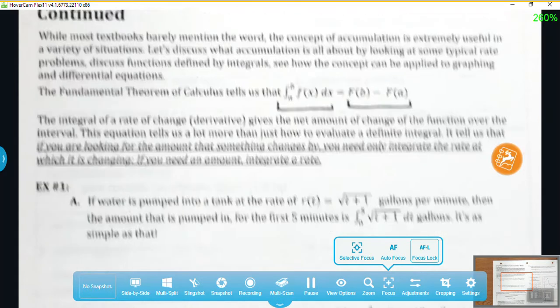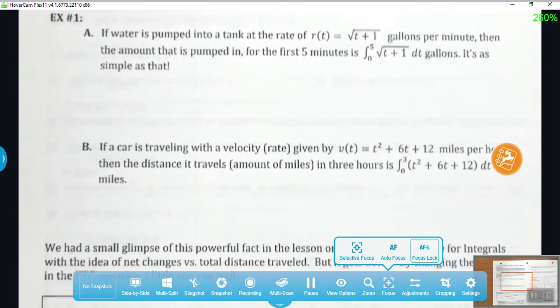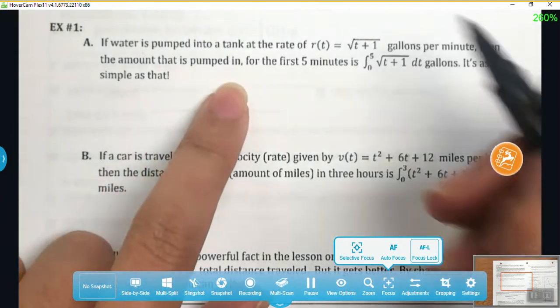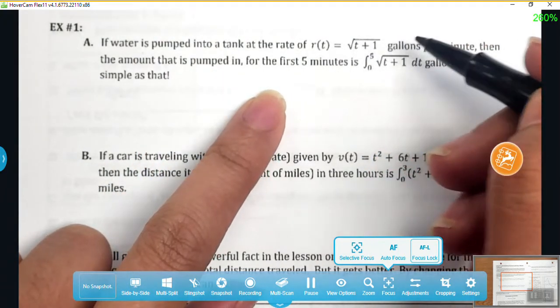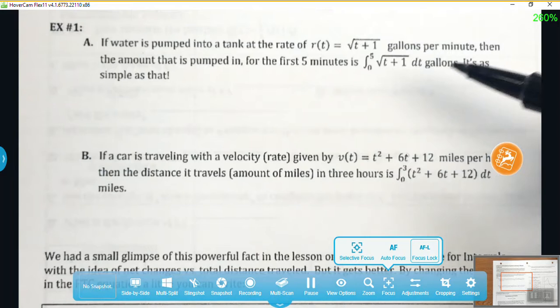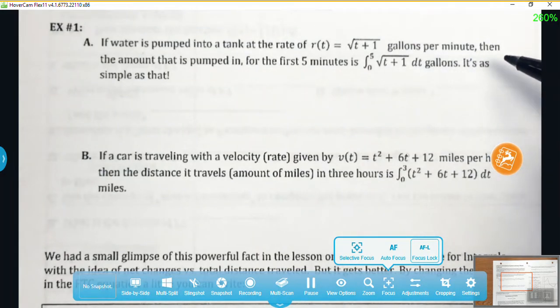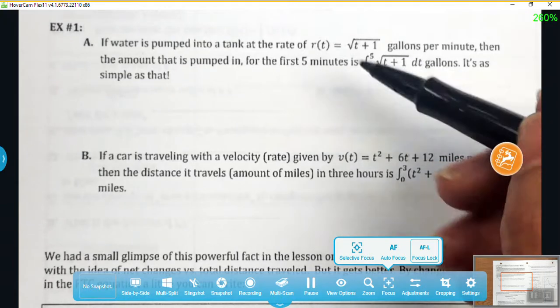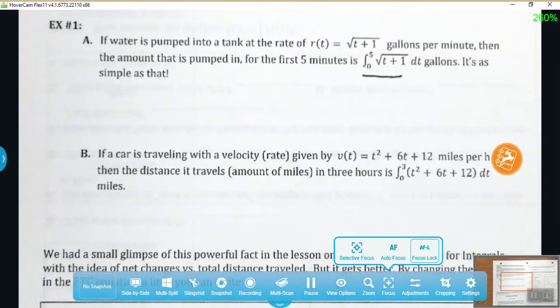Okay, so if you have water in a tank at a rate of root t plus 1 gallons per minute, and you want to find out how many gallons have been pumped into the tank in the first 5 minutes, all you do is integrate from 0 to 5, right?